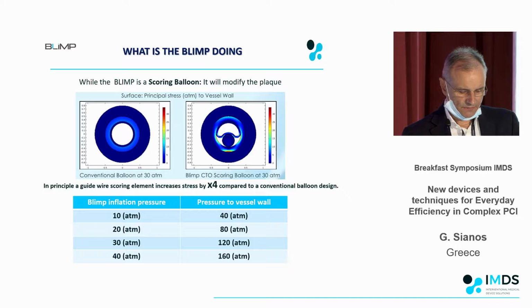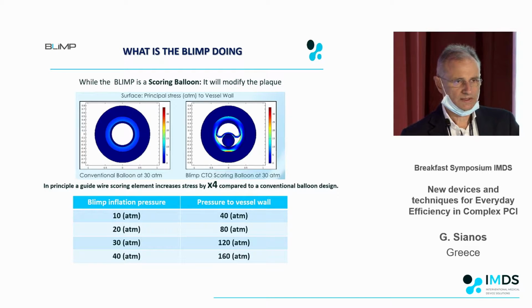The effect of the scoring on the vessel wall is that essentially it multiplies the stress by 4 times. So whenever you go to 10 atmospheres, the vessel wall gets 40.